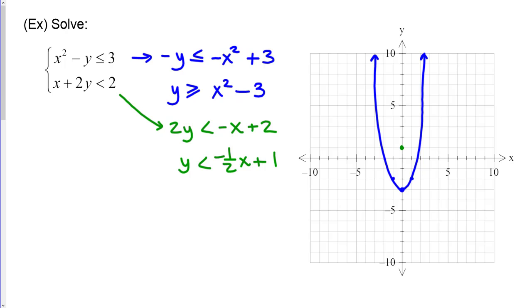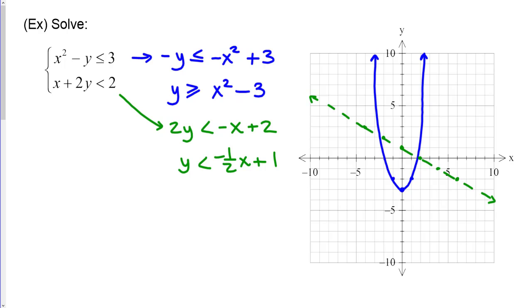So if I go down 1 over 2, down 1 over 2, and so forth, or up 1, back 2, up 1, back 2, then that's going to give me an idea of the direction of my line pretty good. I need to draw this in with a dashed line. And there we have that.